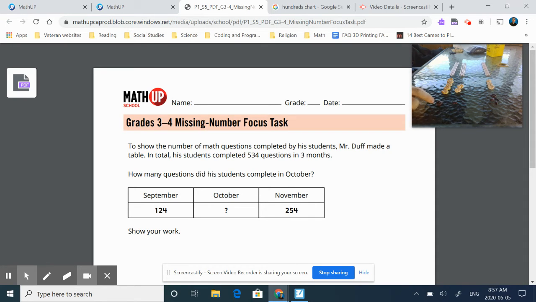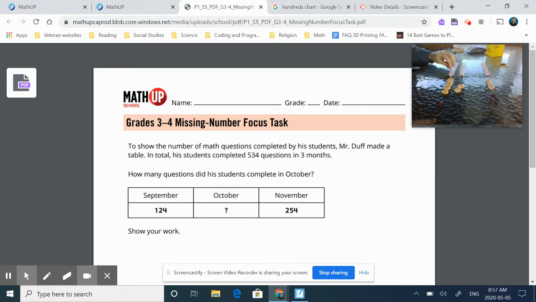Here's my 254 straws, 124 straws, and I need to get a total of 534 straws. By laying it out in this fashion, I'm going to be able to add on to get to that total. I'm going to start with my ones and build up.